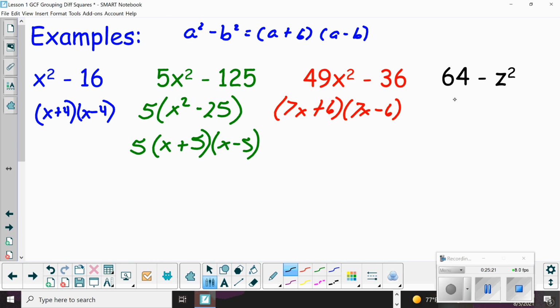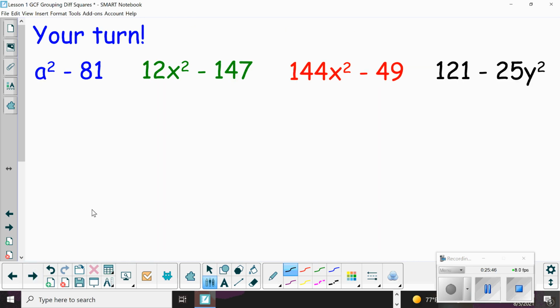You can turn this around, but keep these numbers in the same order. 8 plus z. Now this one doesn't matter if it's 8 plus z or 8 minus z, but the second factor definitely matters. Okay, z minus 8 is not the same thing as 8 minus z. Got it? Great. All right, your turn.